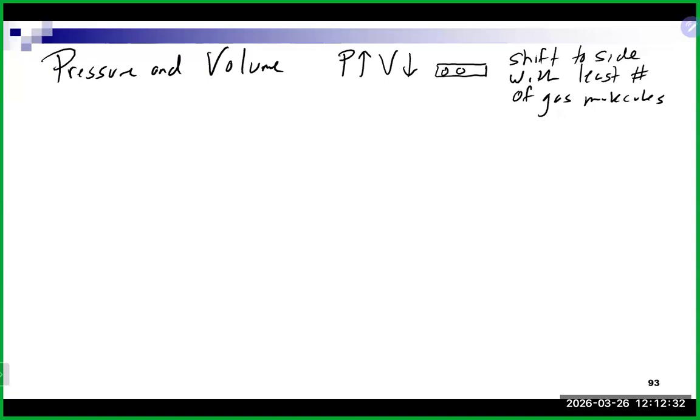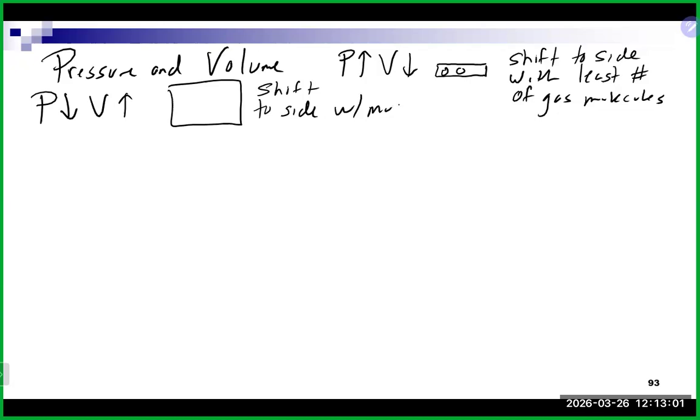And the opposite is true if your pressure decreases, your volume has now increased. So you have a much larger volume in this case, and the pressure is dropping. So we want to bring the pressure back up. Once again, in that larger volume, we would need more gas molecules to bring the pressure back up to cause more collisions. So it would shift to the side with the most gas molecules.